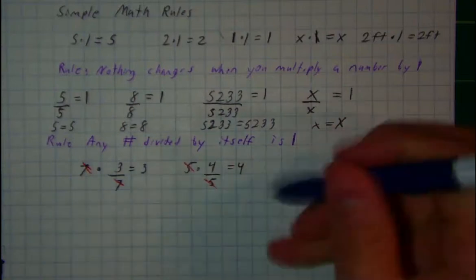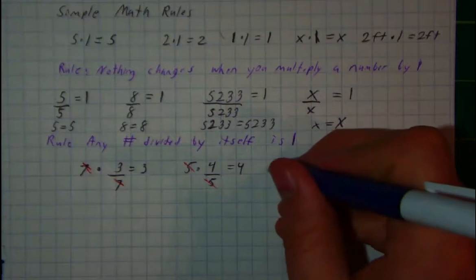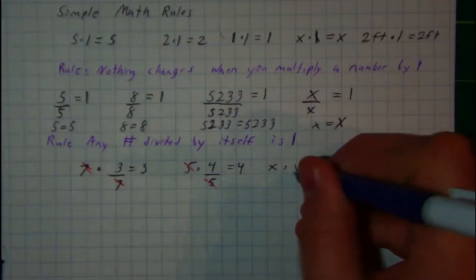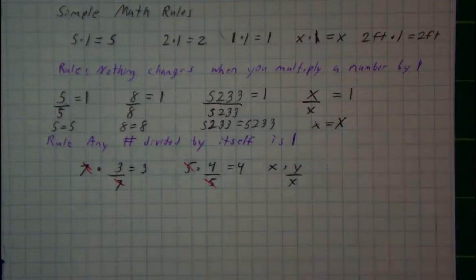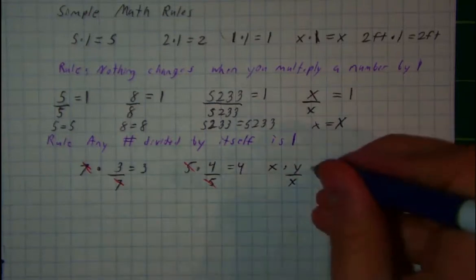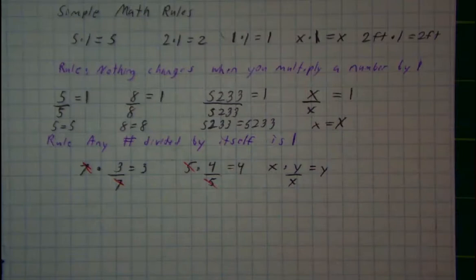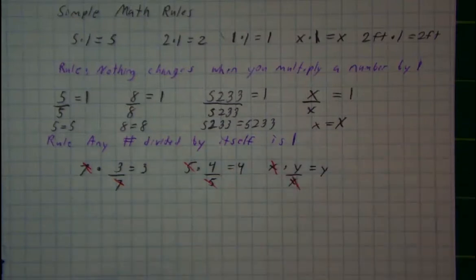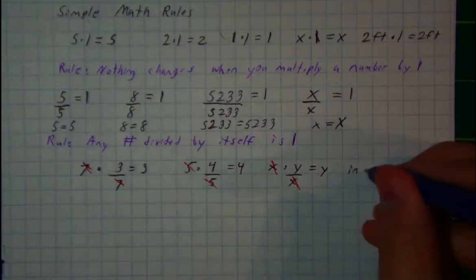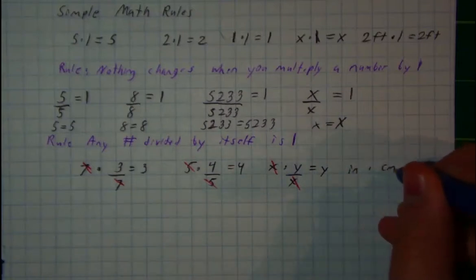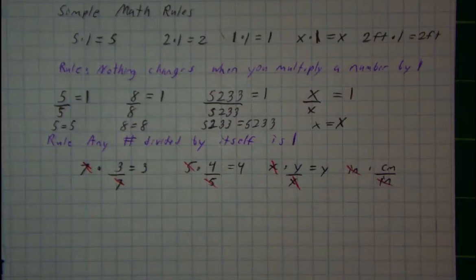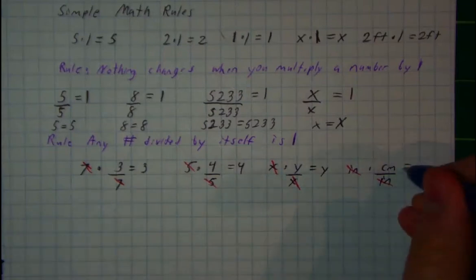Therefore, if I were to say something like x times y over x, that would equal y. X cancels out. And if I were to say something like inches times centimeters over inches, inches cancels and I'm left with centimeters.